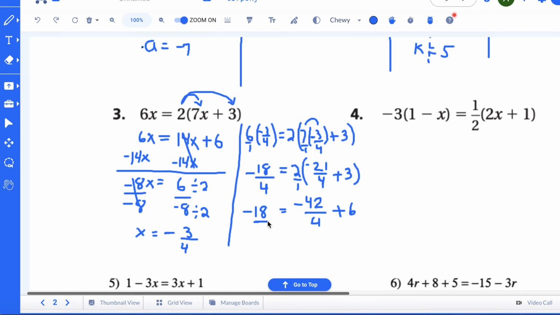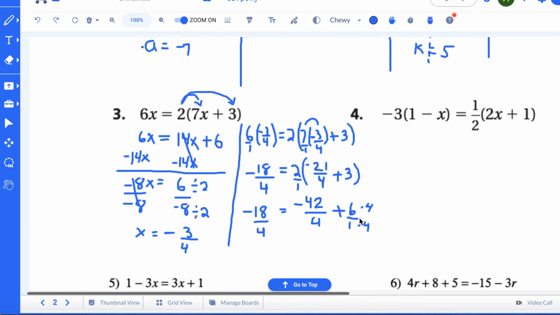So now I have to deal with these fractions. The reason why I didn't simplify this 2 and this 4 is because I want to keep the same denominator, because I might have to do something with it. Okay, so now I need to add this 6. So I need to make this 6 into a fraction with denominator 4. Remember, the whole number has a 1 under it to make it a fraction. So I need to multiply by 4 to make it into the same denominator.